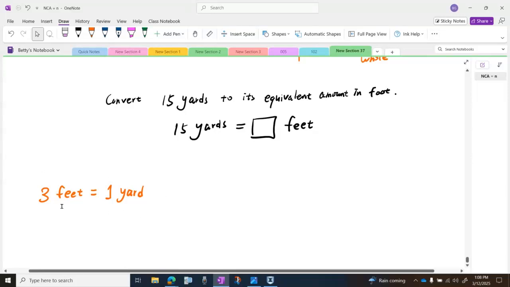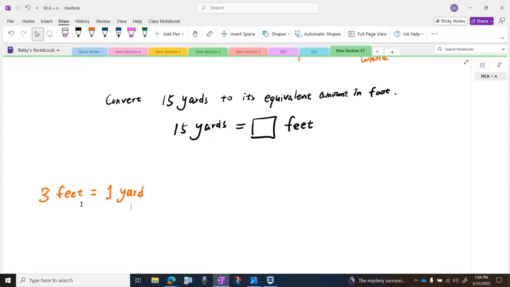Can you tell from this identity? So this is the conversion identity. 3 feet equals 1 yard. Or the formula. It gives the relationship between the two units. From this, can you tell which unit is smaller, which unit is bigger? It's a pretty simple question. 1 foot is like 1 full sandwich long. That is 1 foot. 3 feet make a yard.